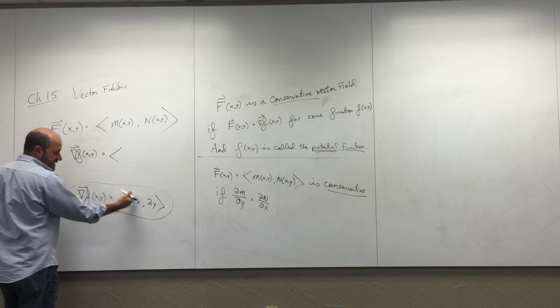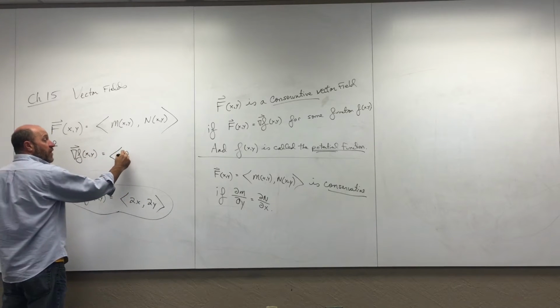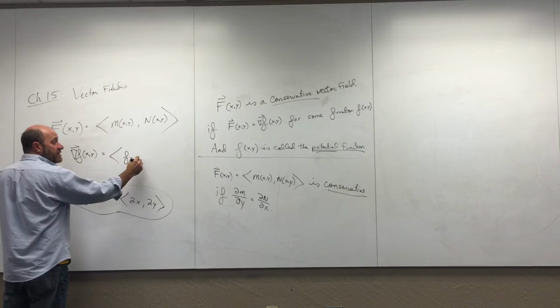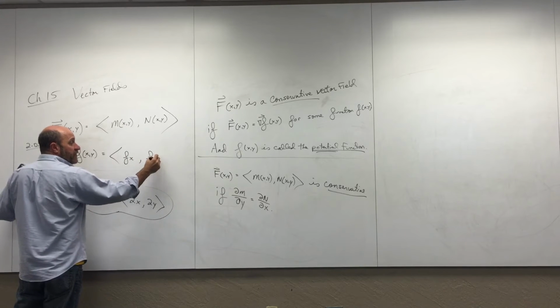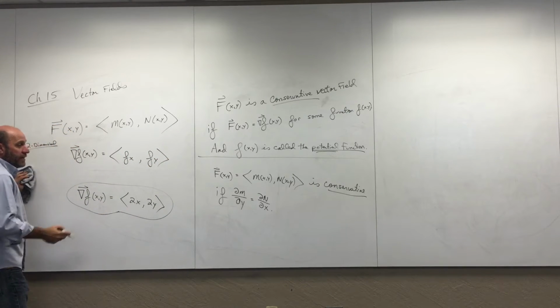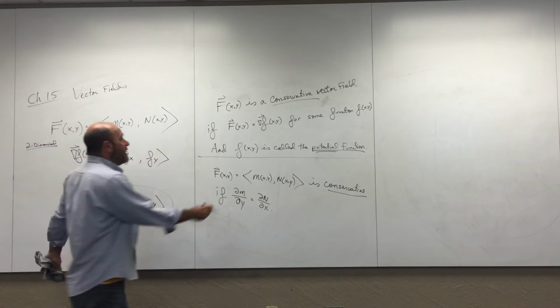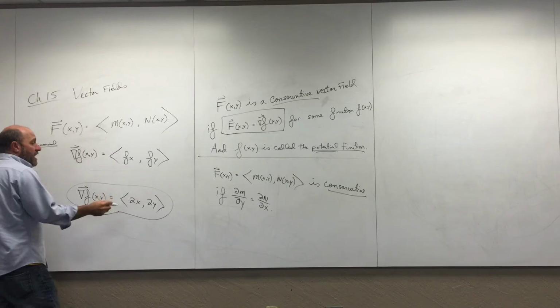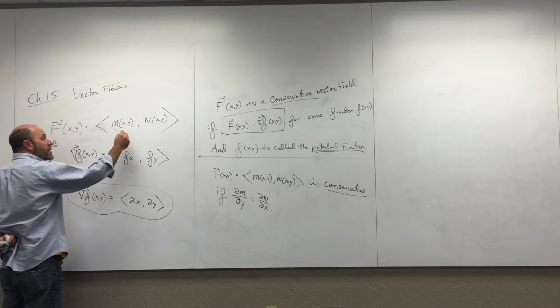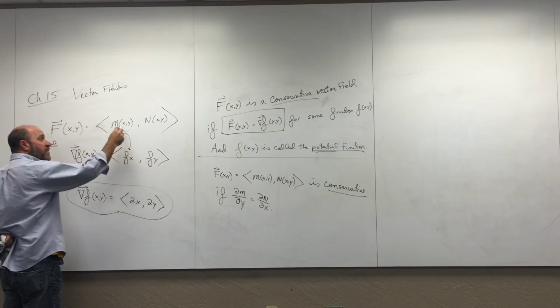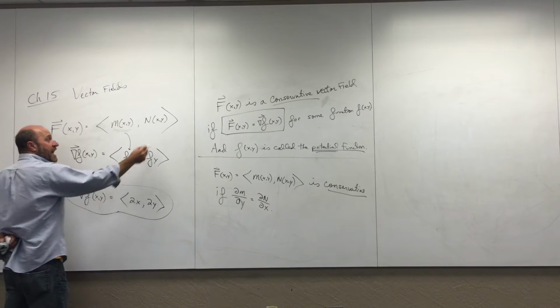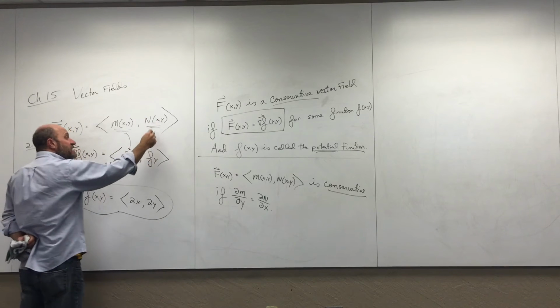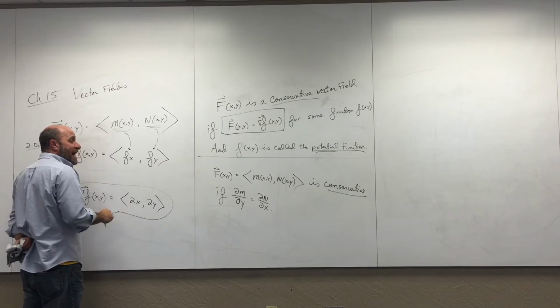It is the partial derivative of f with respect to x, comma, the partial derivative of f with respect to y. You're right. If I'm saying that the vector field is somebody's gradient, then this M is already somebody's partial derivative with respect to x, and this N is somebody's derivative with respect to y.